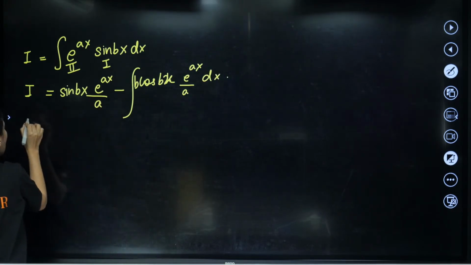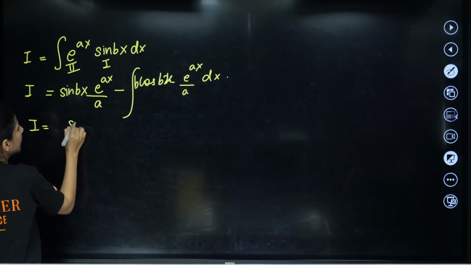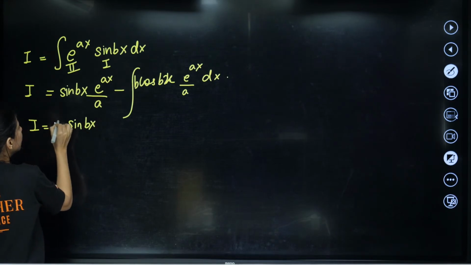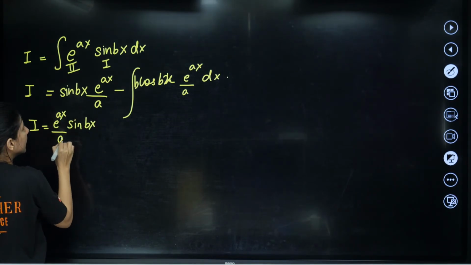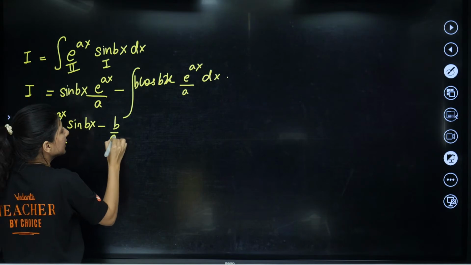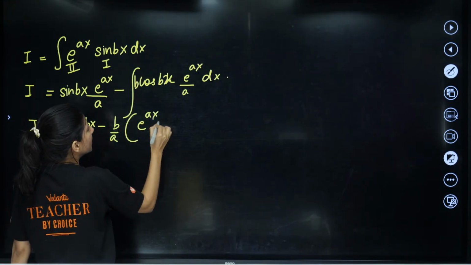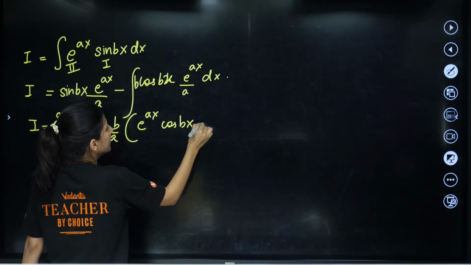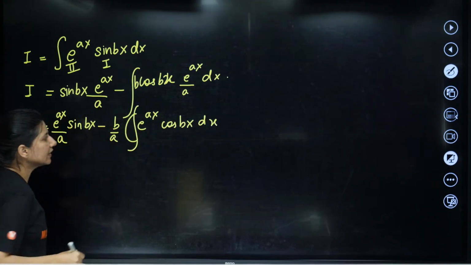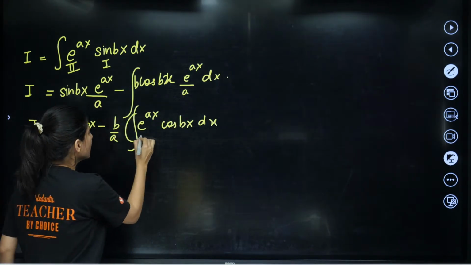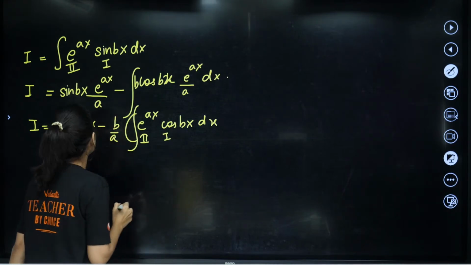Correct? I will be equal to sin bx e raised to power ax upon a, minus b upon a, and we again have e raised to power ax cos bx dx. Now again, this is your second function, this is your first function.